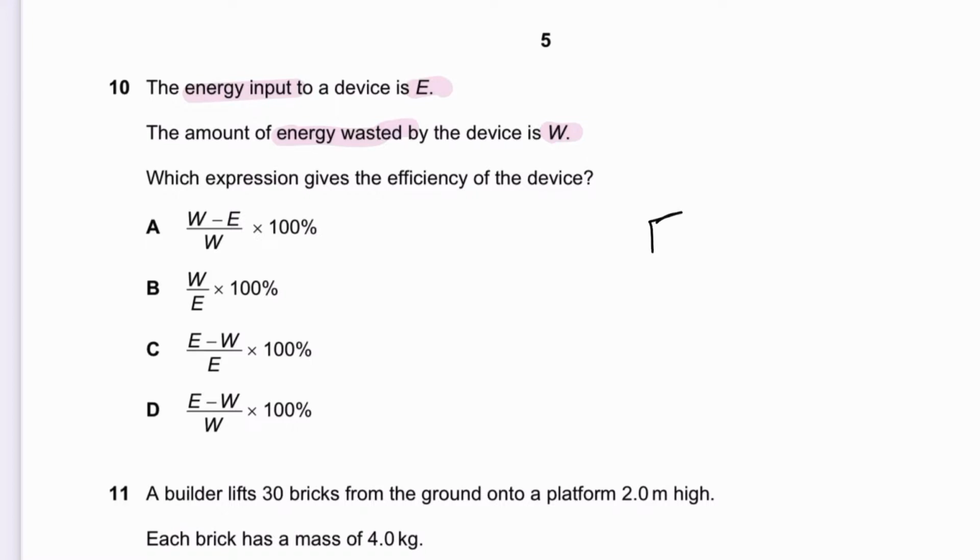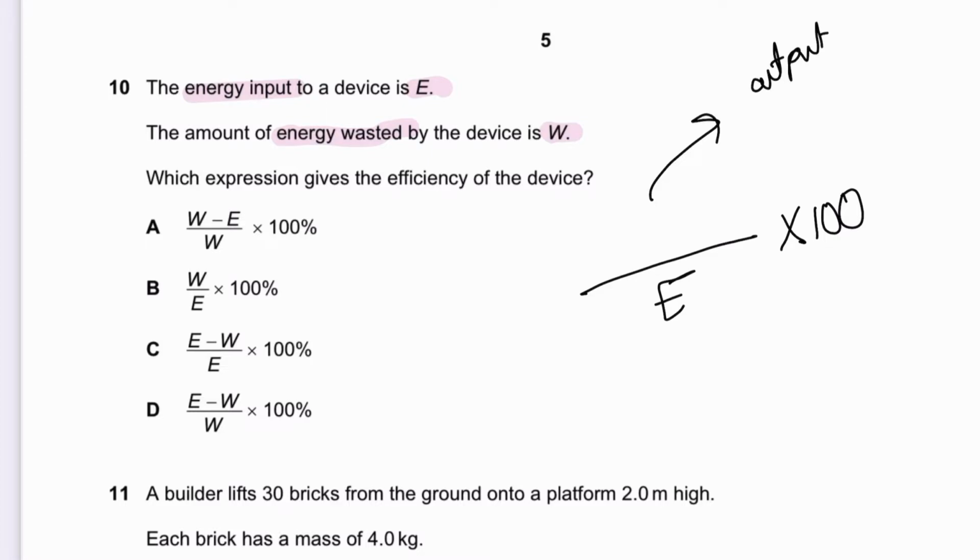Input is E. Now output is what? Input minus the energy that is wasted. So input minus energy that is wasted gives us the output. So number 10 is C.